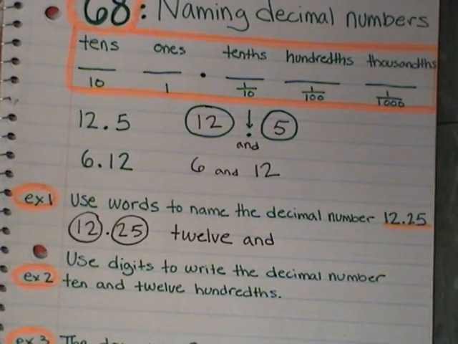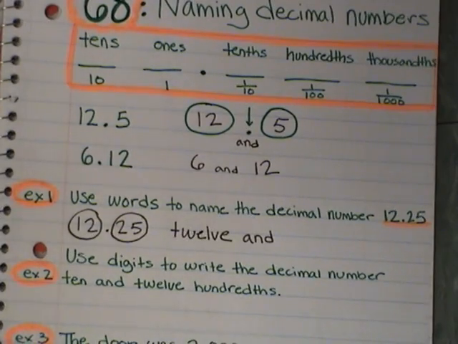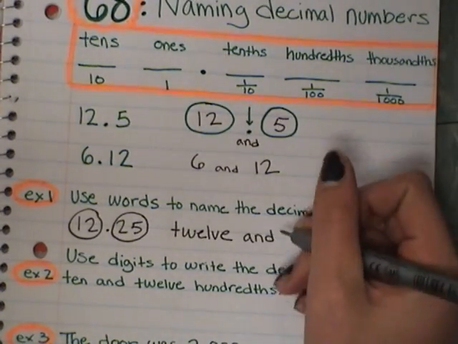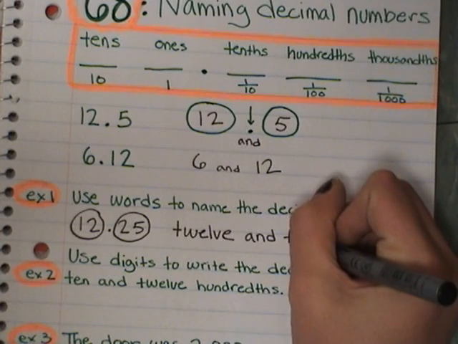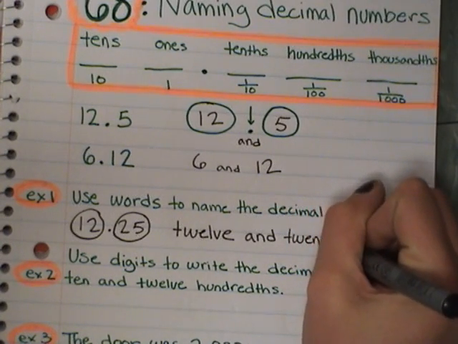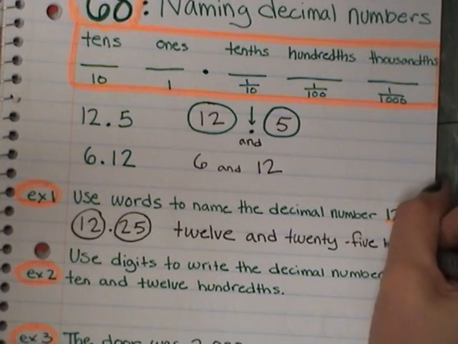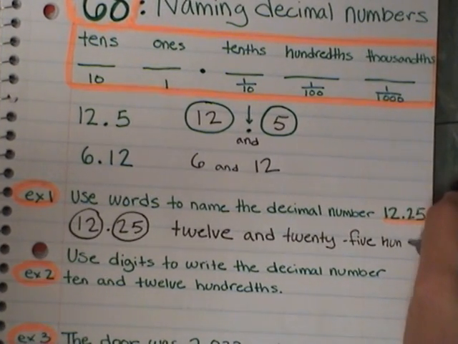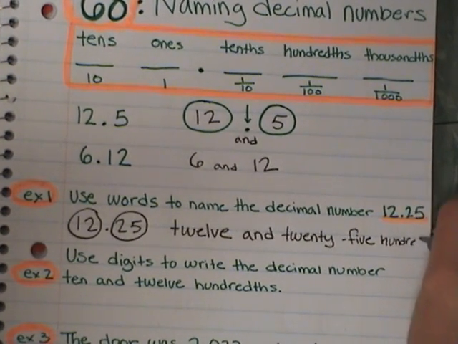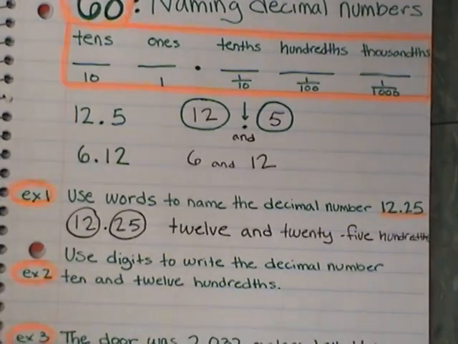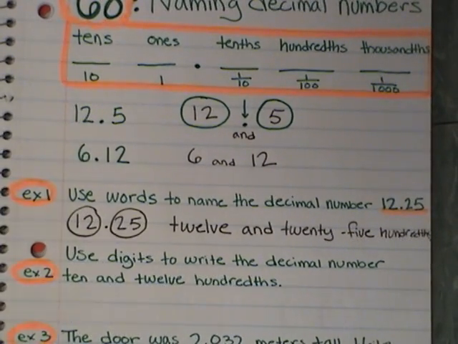So I'm going to write 12 and 25 hundredths. Sorry, I don't have enough room. But 12 and 25 hundredths.